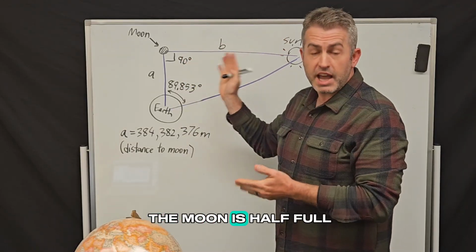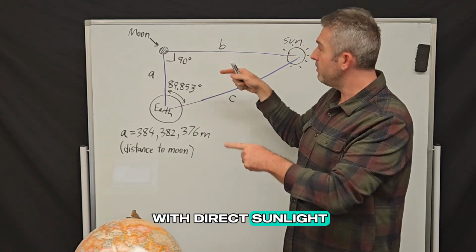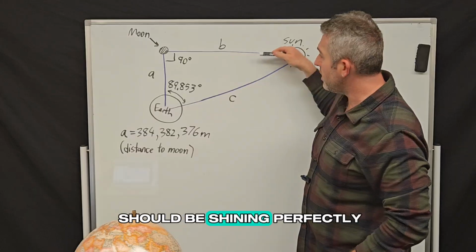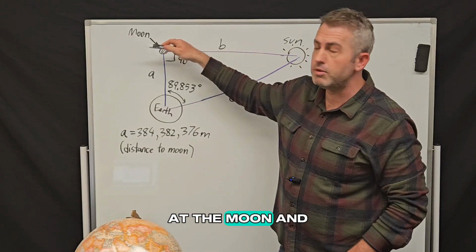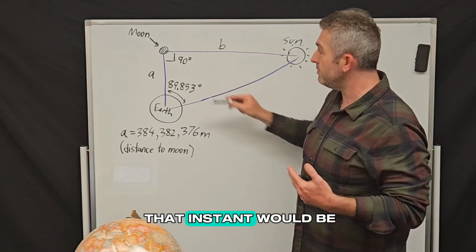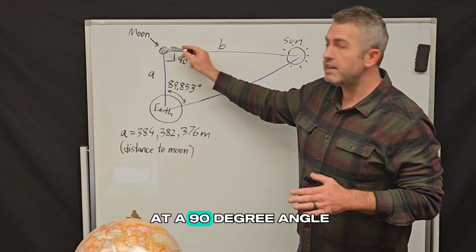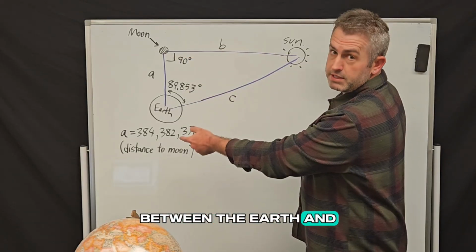And we know if the moon is half full, that means only half of its face is being hit with direct sunlight, which means the sun should be shining perfectly at the moon, and the angle between the Earth, the moon, and the sun at that instant would be 90 degrees. So we're waiting for the moment that the moon is at a 90-degree angle between the Earth and the sun.